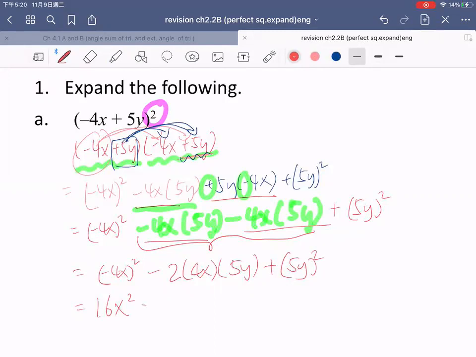And then minus, just copy with the previous one. Remember, don't omit the negative sign, copy it correctly. Then we have 2 times 4 times 5 gives you 40xy plus 25y squared. 5 has to be squared, and of course y has to be squared, and then this is the answer.